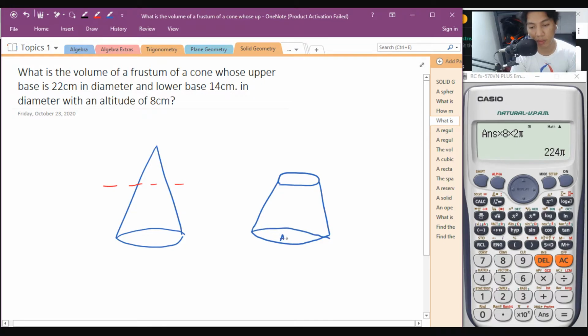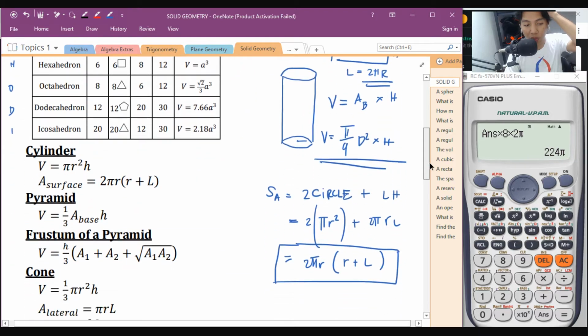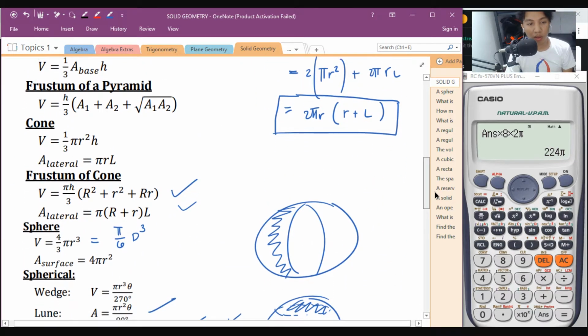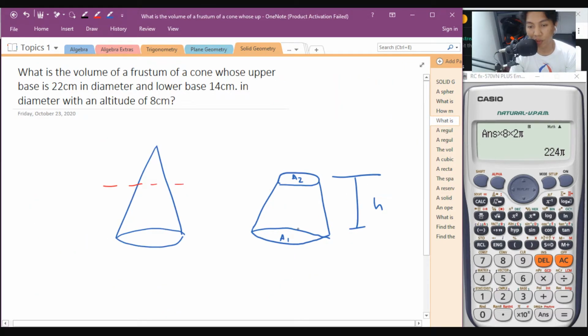So, area ng base 1, area ng base 2. And then, kunin mo yung height. Sir, ano po ba yung formula niyan? Pag frustum of a cone, ito yung formula niya. So, the frustum of a cone, ibig sabihin, meron kang volume dyan, that is equal to pi h over 3. Check nyo, ha?